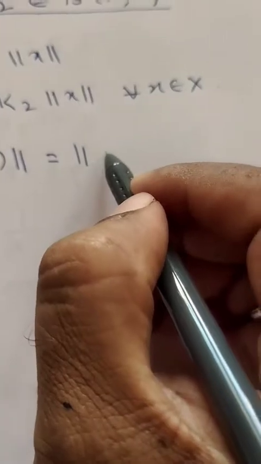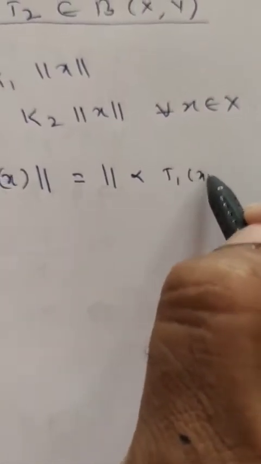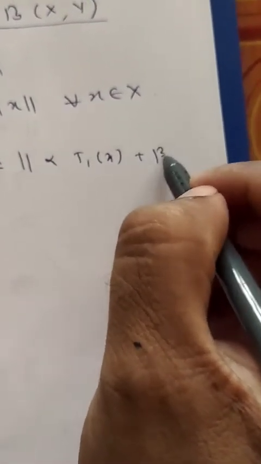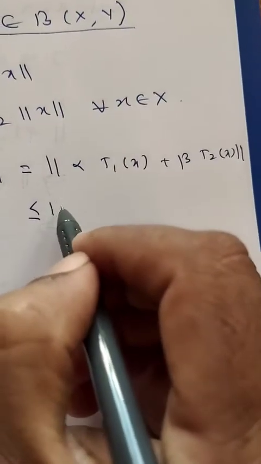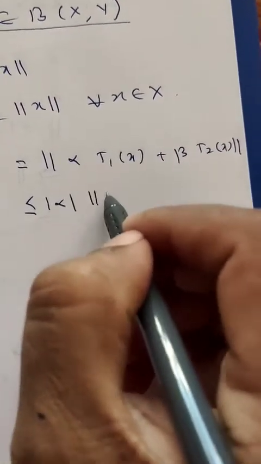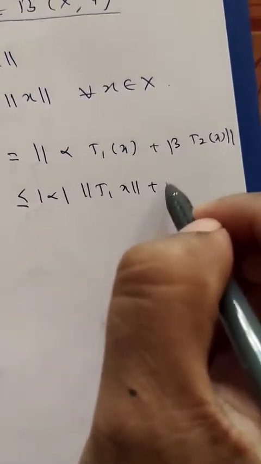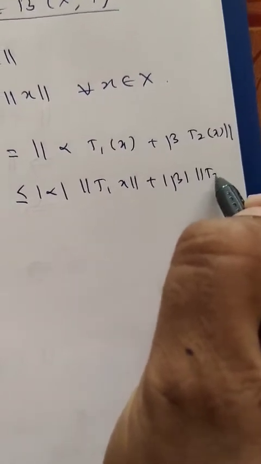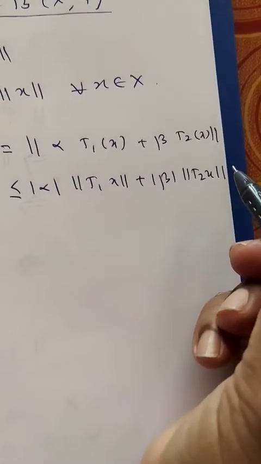Use the triangle inequality. This is less than or equal to mod alpha times norm of T1 of x plus mod beta times norm of T2 of x, right?